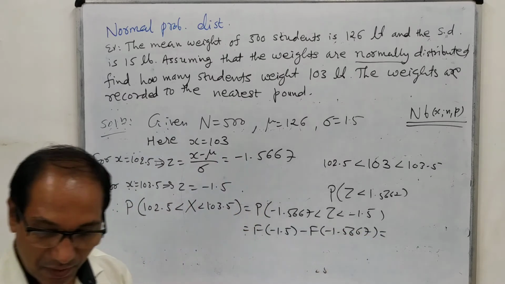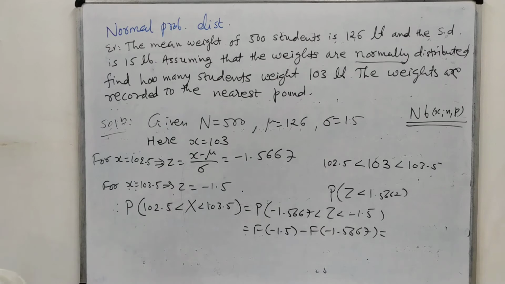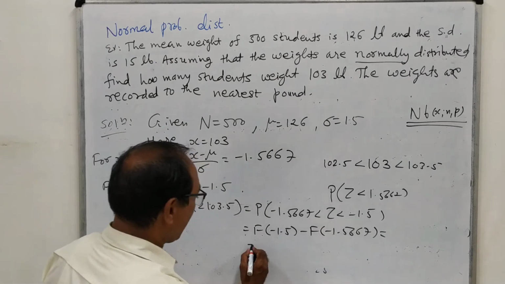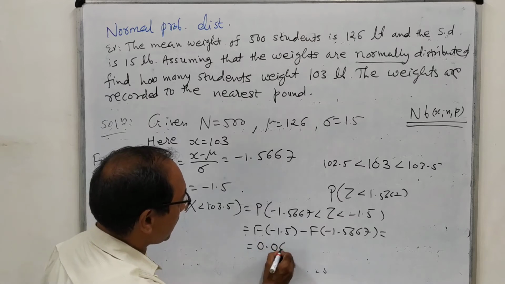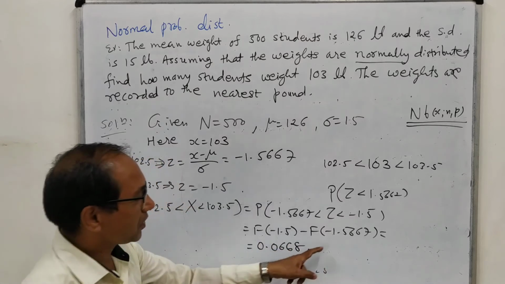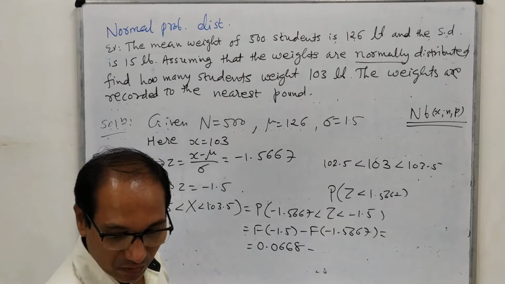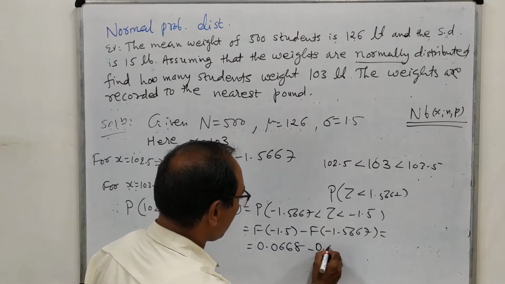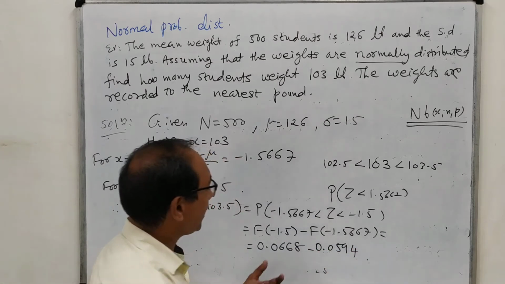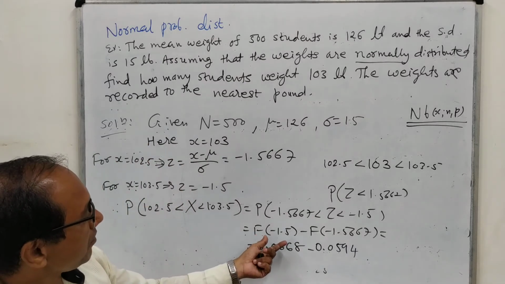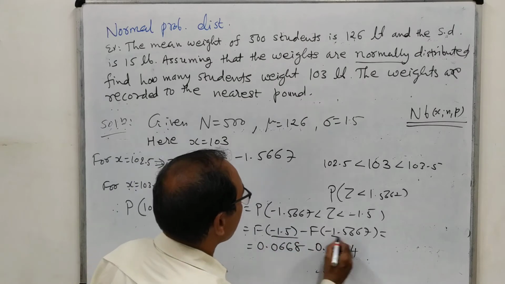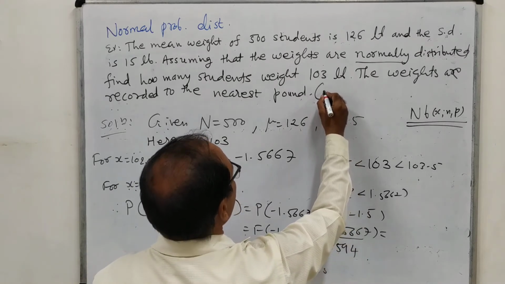By referring to the table, we can find out the value for this one as 0.0668, and for this one we can find out the value 0.0594. Actually, in the example, whenever you will be asked the example in examination, then these two values will be already given in this way.